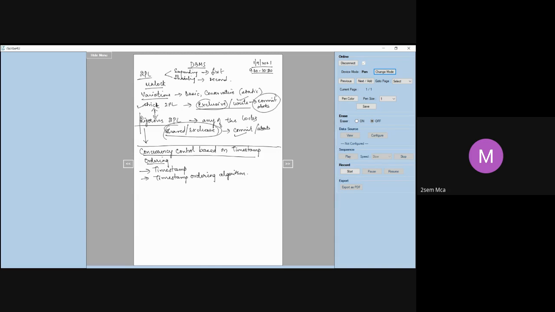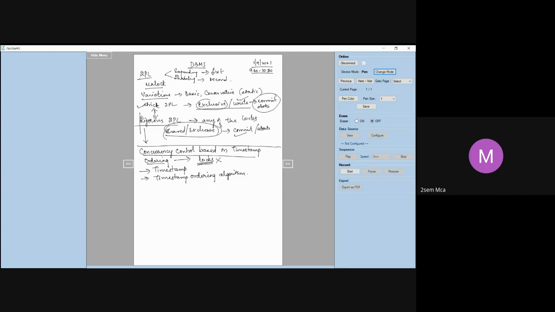Concurrency control based on timestamp ordering is not going to use the concept of locks. So far we learned concurrency control using locks. We started with what is a lock, what is a binary lock, what is a multiple mode lock. Then we went to the 2PL protocol, which is also based on locks. That was one set of concurrency control techniques, implemented using locks.